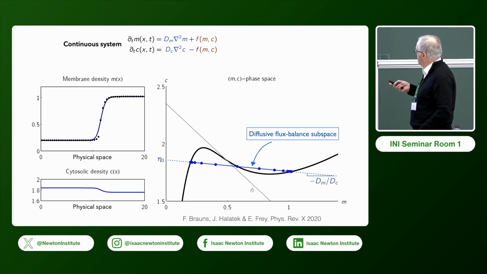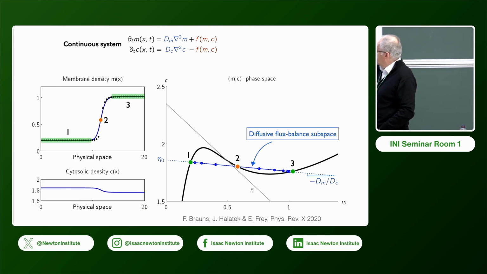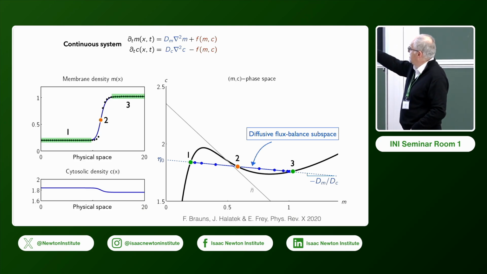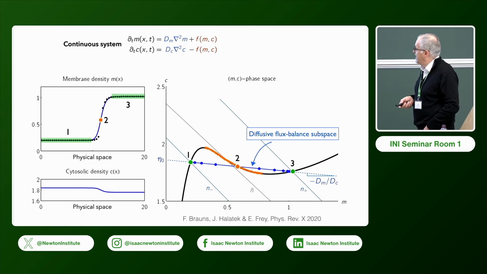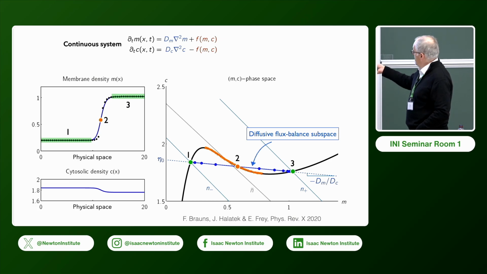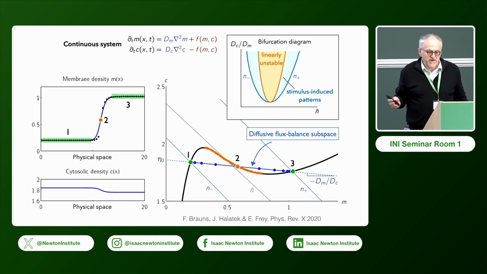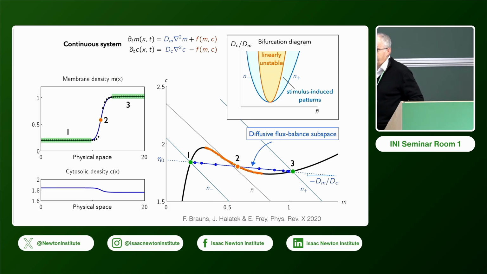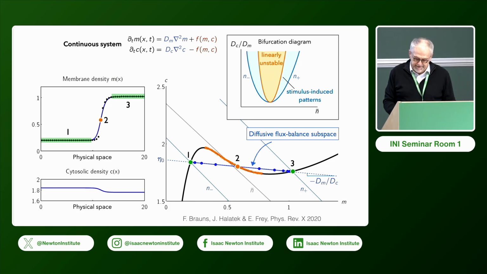And there are certain points that you have in this flux balance subspace. I number 1, 2, 3, and they correspond to the plateaus of this step-like pattern and its turning point. And you can translate that into a phase diagram by looking at the construction here, and that then gives you a bifurcation diagram, which is quite reminiscent of what one finds also in phase separation with a so-called binodal and a spinodal regime in phase space.